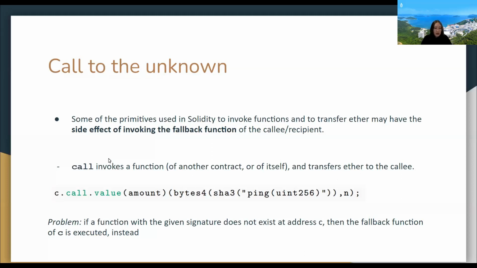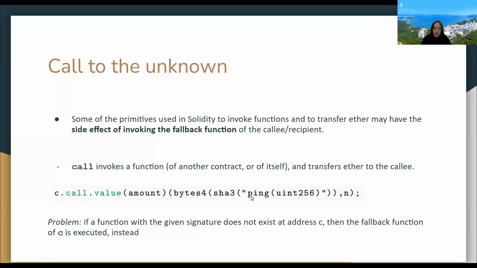The first one is call. Call invokes a function of a contract or itself and transfers Ether to the callee. Below in the code, you can see how to use call. You specify the amount that you are transferring, and in the next part, you specify the function signature.